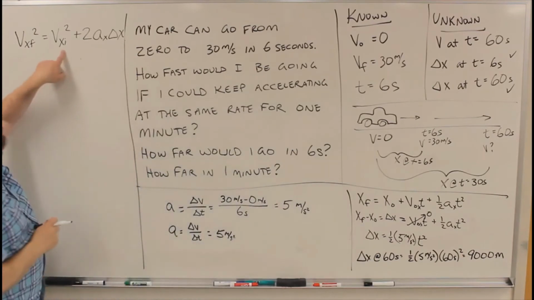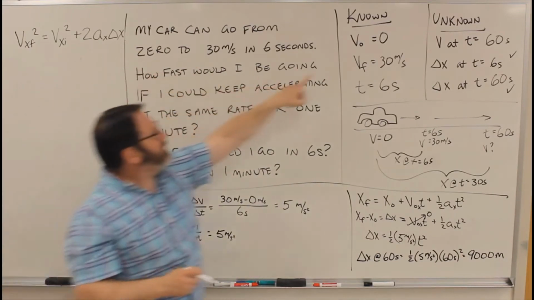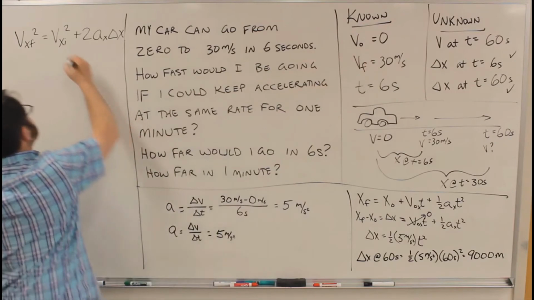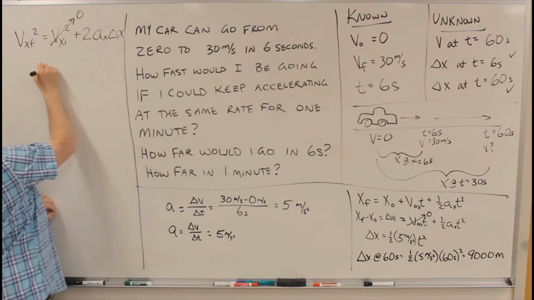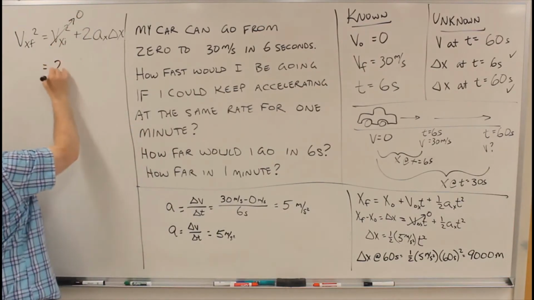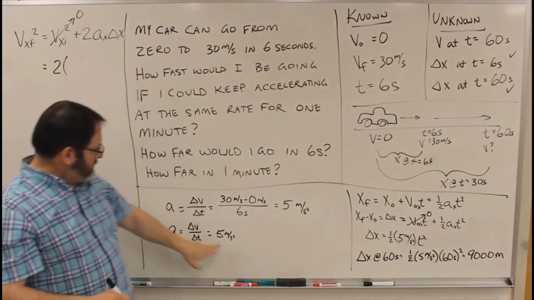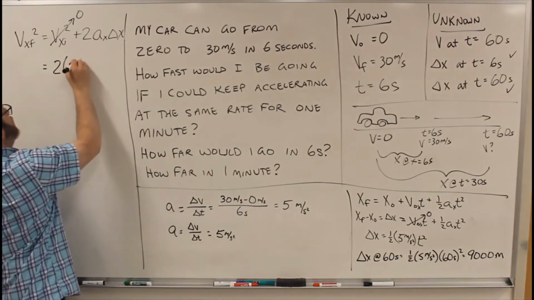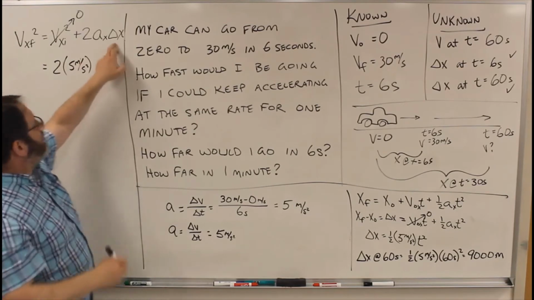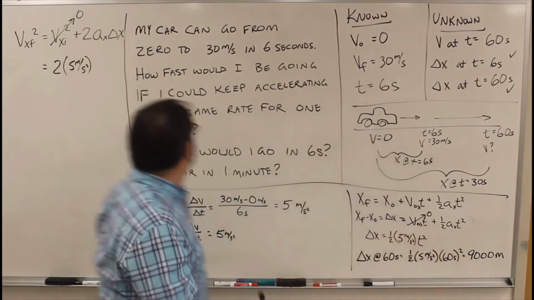So initial v, this is our v naught, so that's 0. So that's equal to 2 times acceleration, 5 meters per second squared, times delta x, which I now have as 9,000 meters.